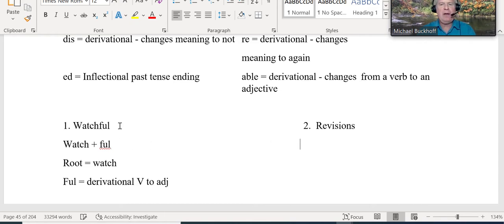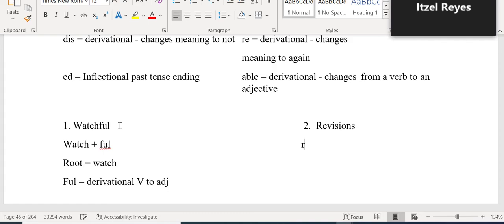Okay, how about revisions? How do we break this up? How many morphemes do you guys see in this word? Would it be 3?